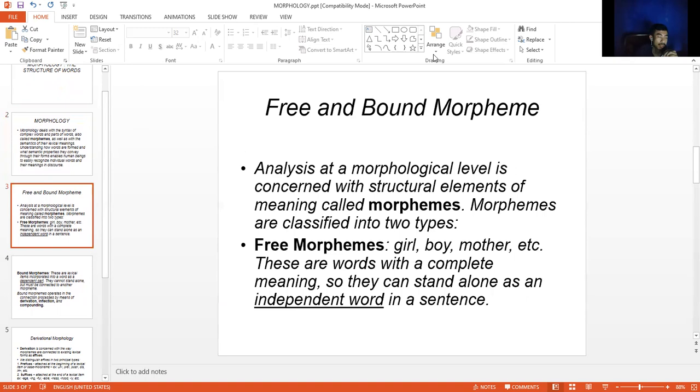And these are the kinds of morphemes, and there are free and bound morphemes. The analysis at a morphological level is concerned with structural elements of meanings called morphemes. Morphemes are classified in two types.